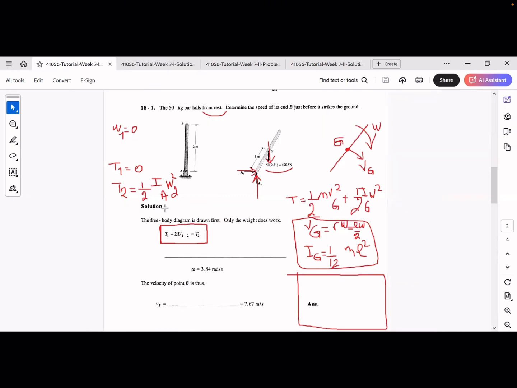Now, what we need to do is sub in the values. I need to find IA, and omega 2 is my variable.